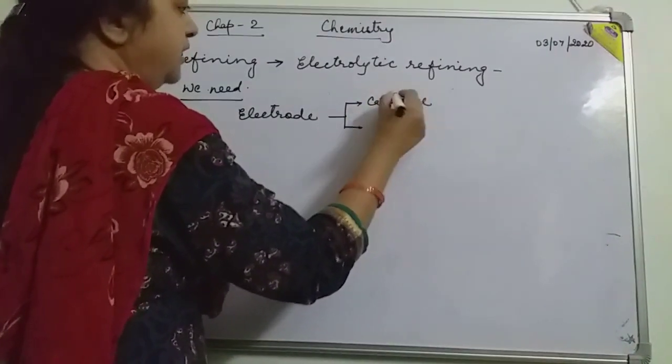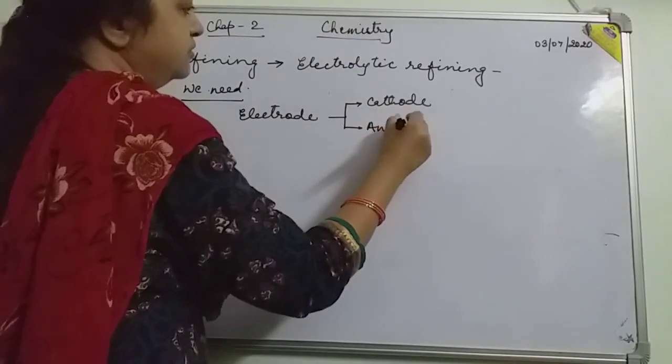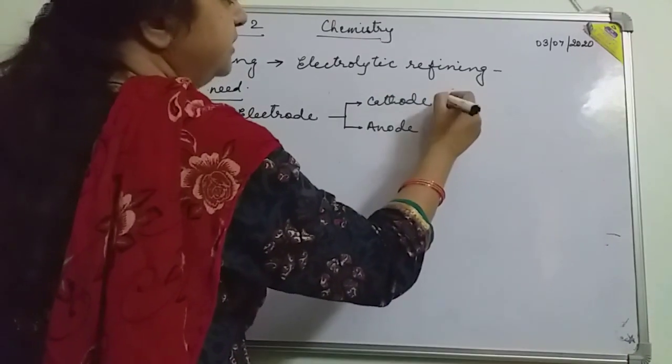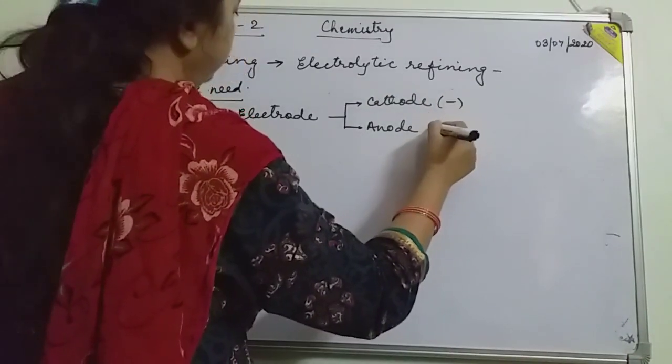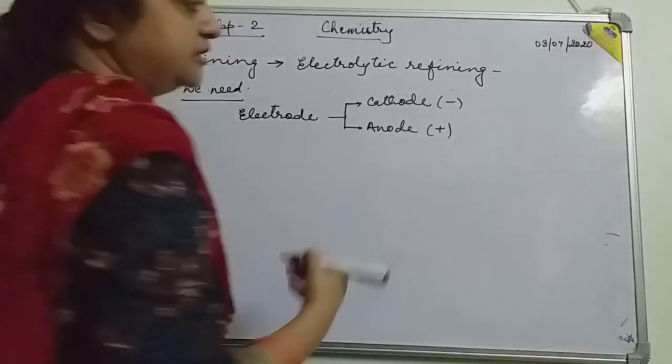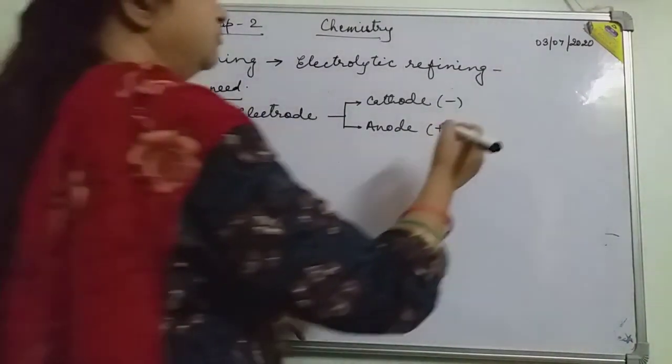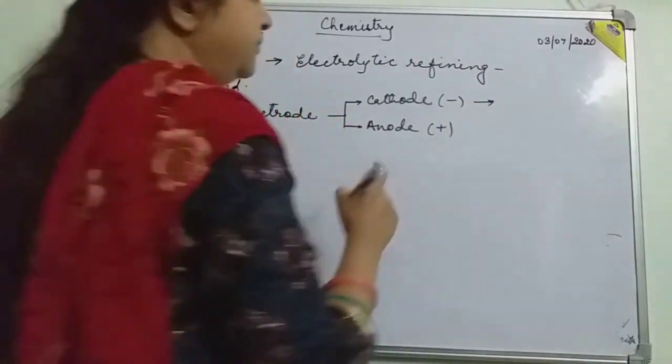Cathode attracts cations, meaning it is the negatively charged electrode, and the anode is the positively charged electrode.